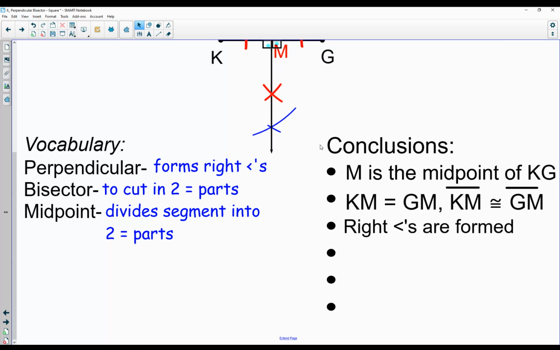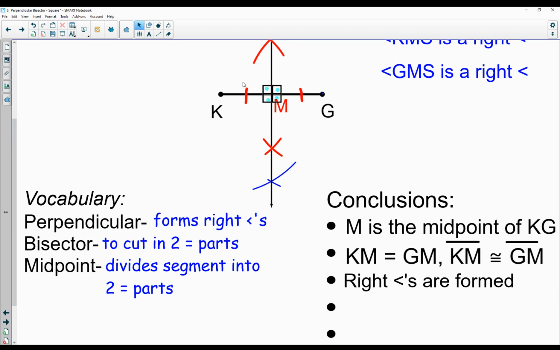So that's called segment addition. KM plus MG equals KG. I think that's probably the easiest to think of right now, just adding the pieces together to get the whole segment. Now, if I take KM and I multiply it by 2, so KM and then I double it.